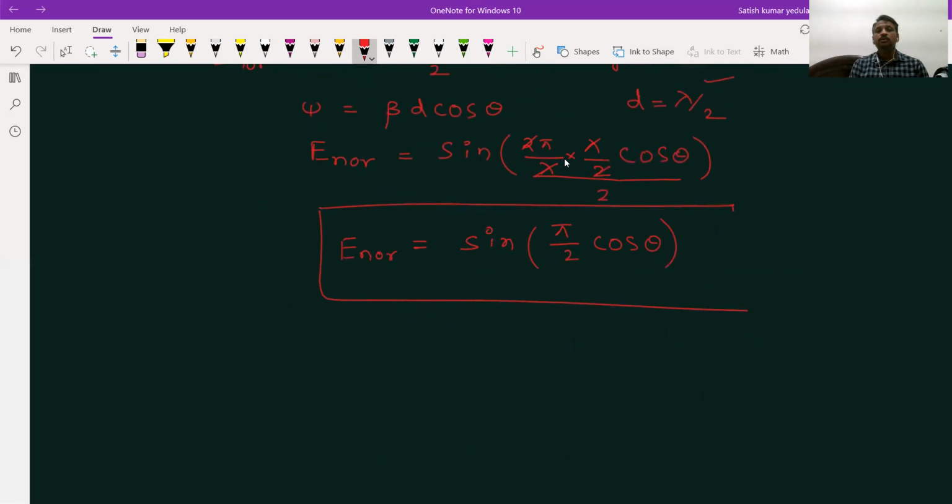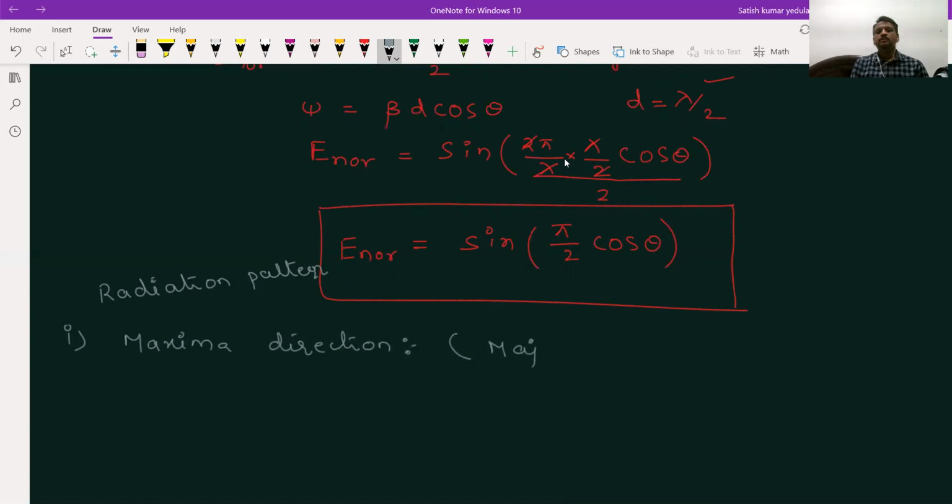Once you get this, you need to calculate 3 very important parameters. For getting or drawing the radiation pattern, you require 3 very important angles. The first angle is the maxima direction or major lobe maxima direction. We can also simply call it the major lobe direction.